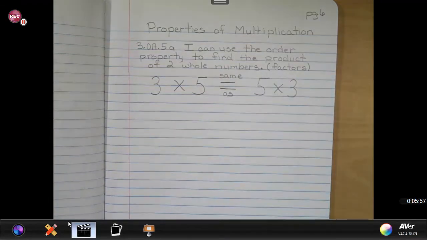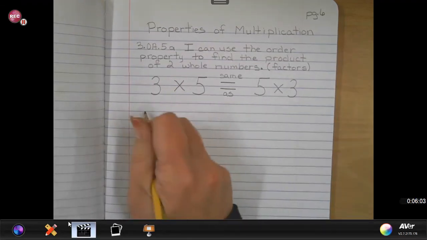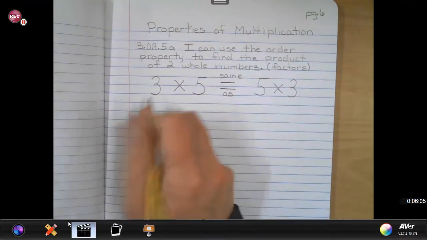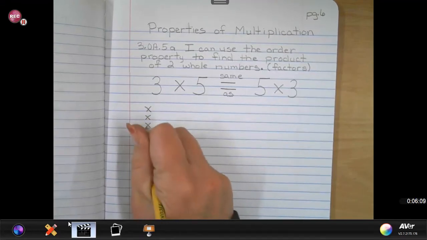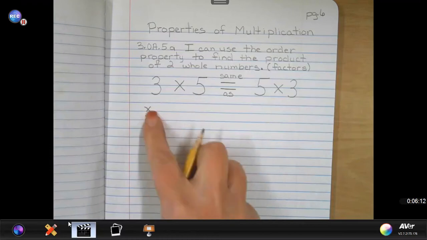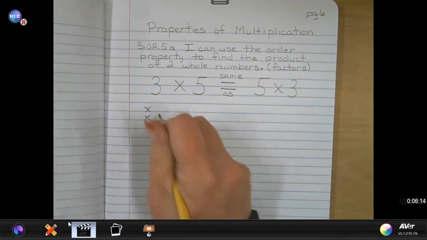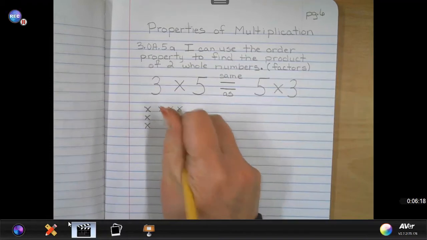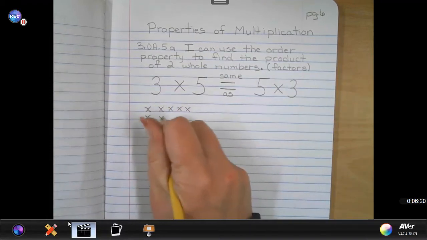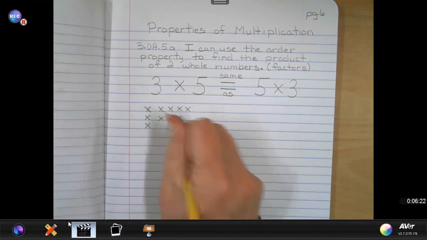Now, to prove this, we can use an array. If I were to draw an array, I have 3 rows. Each one of these blue lines can be considered a row, and that means I would put 5 in each row. So I have 3 rows of 5.